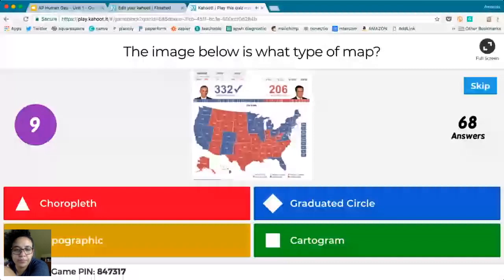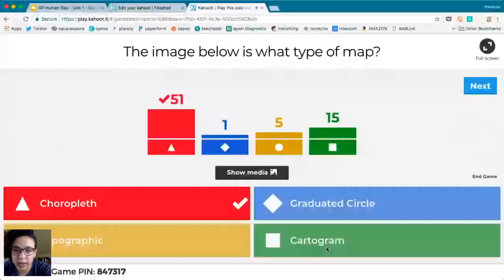Five seconds. Boom, good job. So don't get confused: cartogram is going to end up distorting the size of something based on how many electoral votes it has. Choropleth is just using colors to show different data.